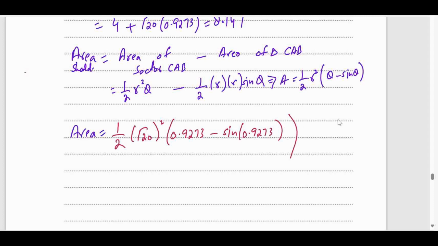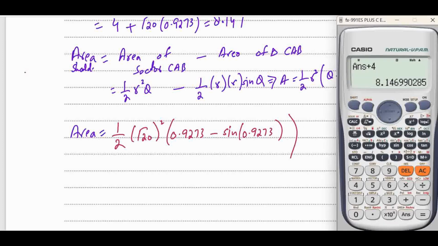Okay, now let's see how we can simplify it. 0.9273 minus sine of 0.9273, the answer is 1 point this. Then multiply by square root of 20 square.